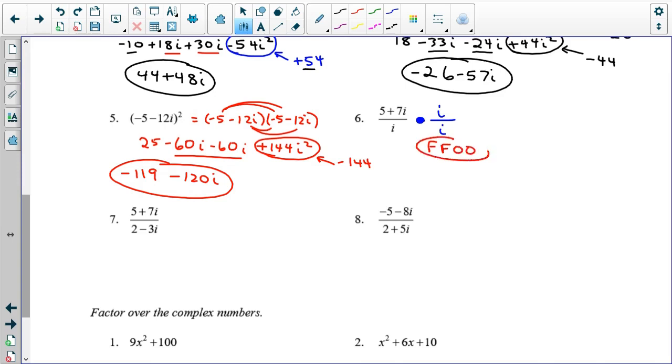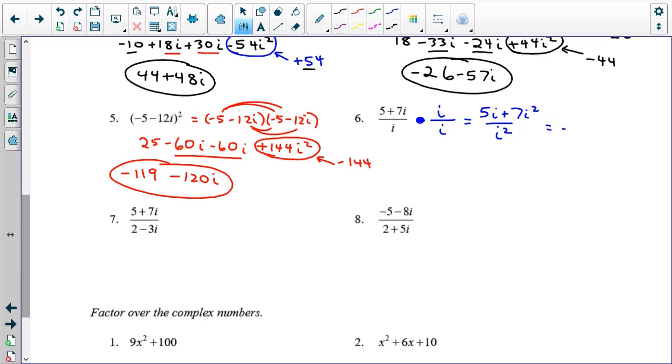This is a FFU. This is a fancy form of 1. So if I multiply the top and bottom by the exact same thing, I'm allowed to do that since it's really just 1. So if I multiply the bottom by i I get i squared. And if I multiply the top by i I get 5i plus 7i squared.